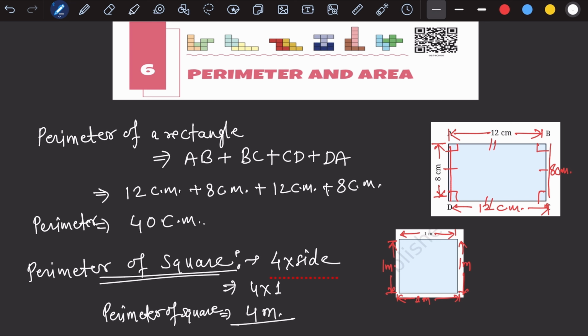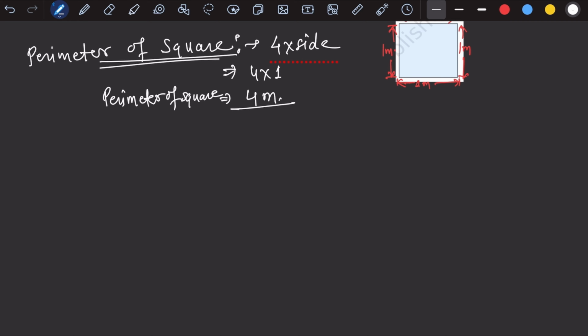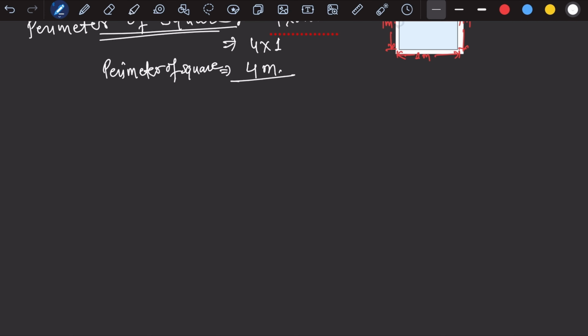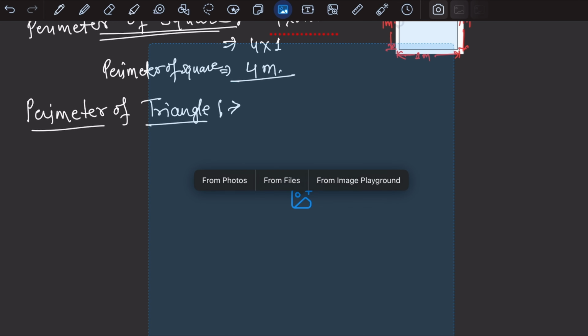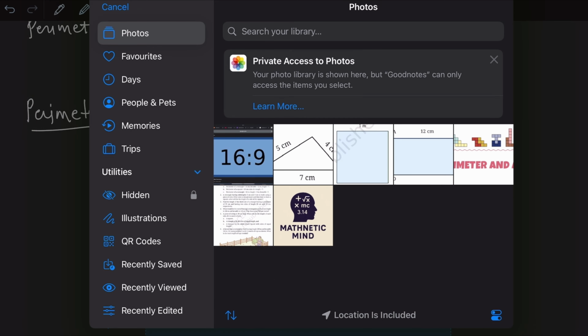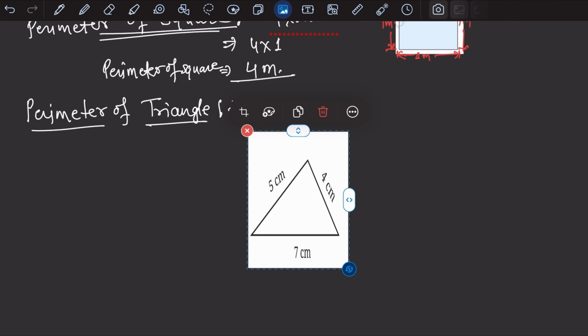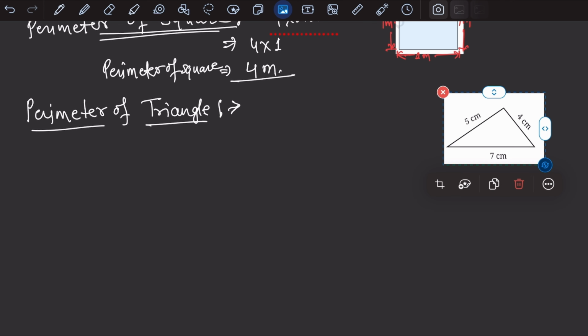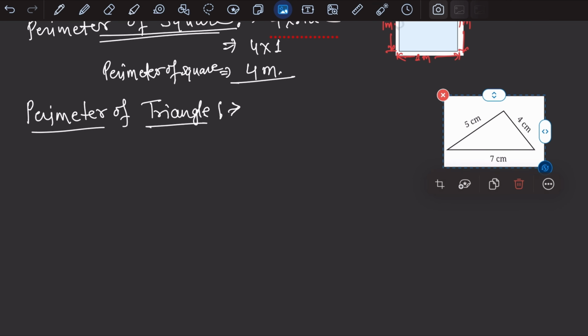Okay, and now we will take the perimeter of a triangle. So how can we calculate the perimeter of a triangle? Let me take the image from this one. So we can take this image as a triangle.